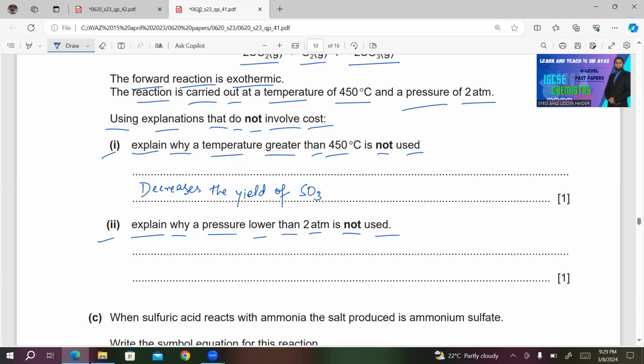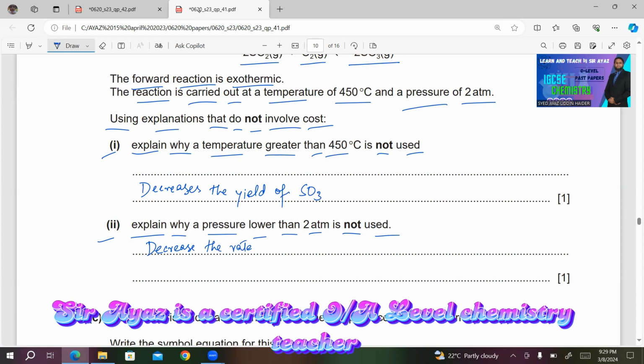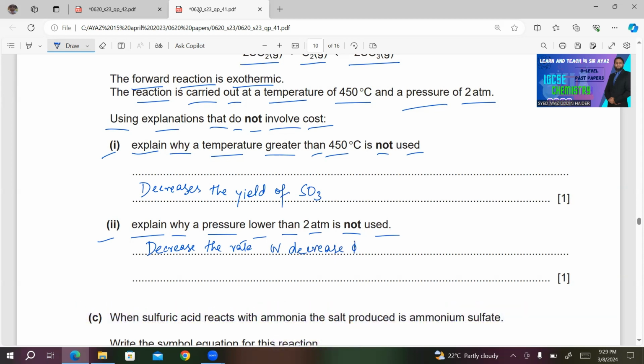If we decrease the pressure, then it will decrease the rate. So you write decrease the rate. It can also decrease the yield of SO3.